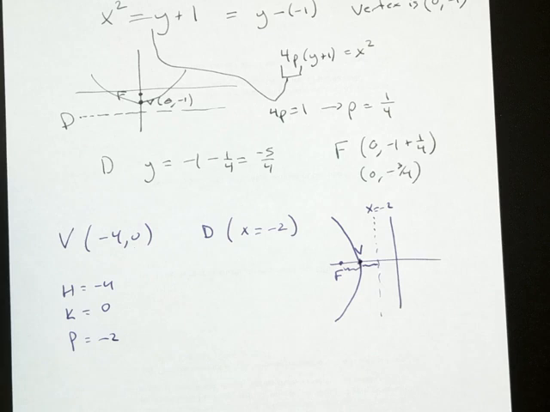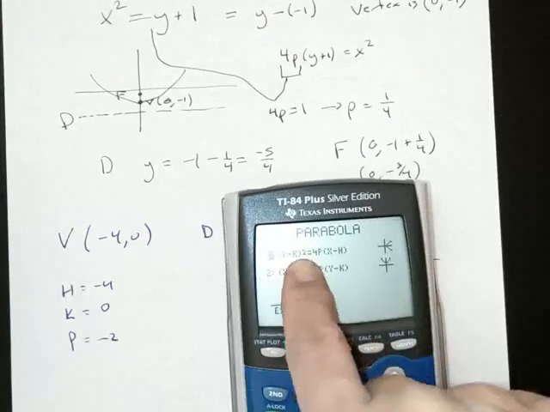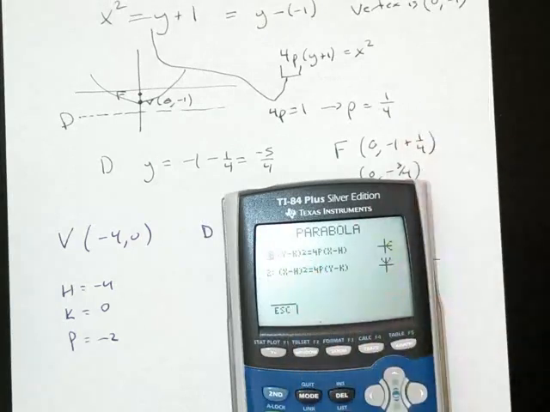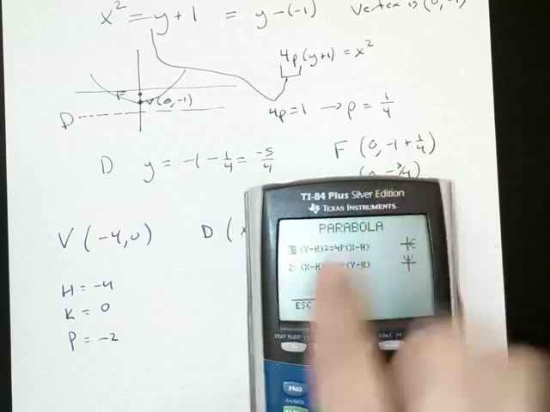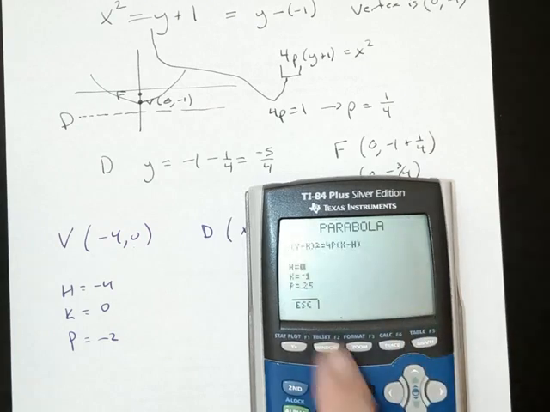Now I have all the information. Let's see how good my picture is. I will go back here, and I will say I want to enter a parabola that goes sideways. The one that went vertically had the x squared. So the one that goes sideways has the y squared. It even shows me that in the picture. So I hit enter there.